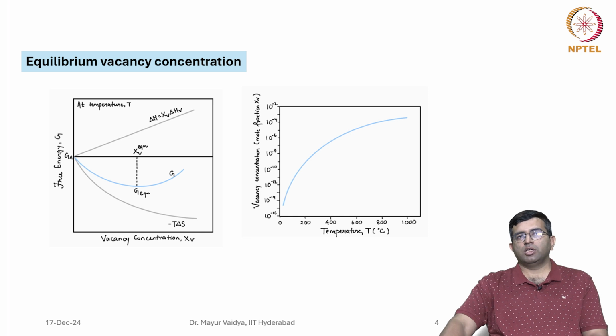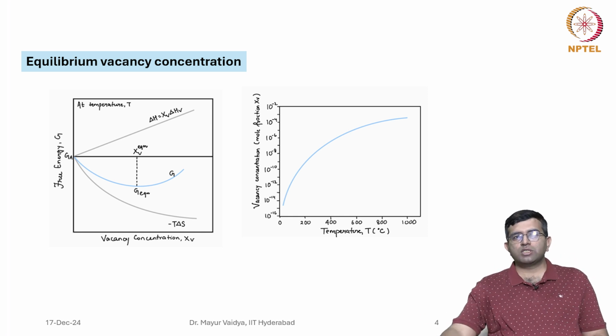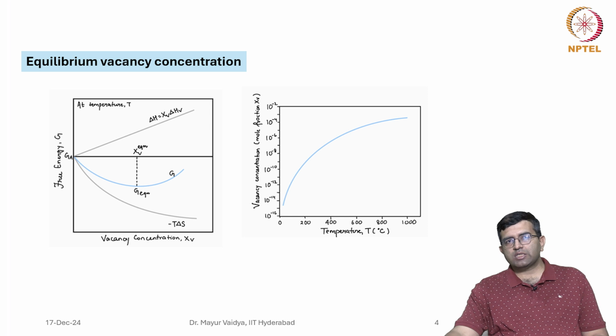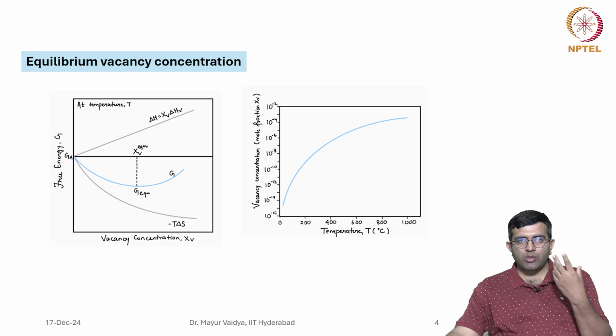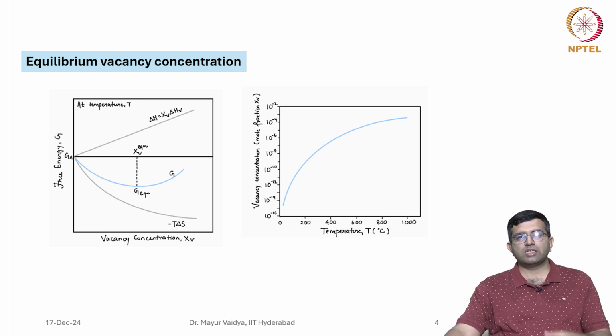Therefore, vacancies are said to be equilibrium defects, because as you increase x v, the free energy of the system goes down. So, thermodynamically it is favorable to create a certain amount of vacancies because it lowers the total free energy of the system.